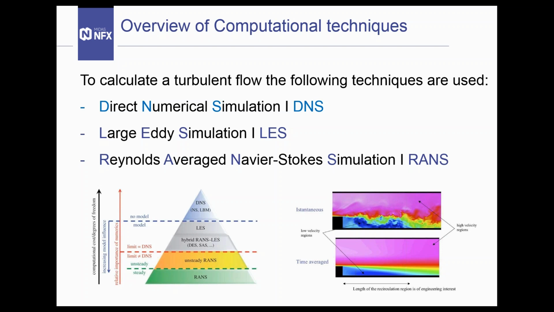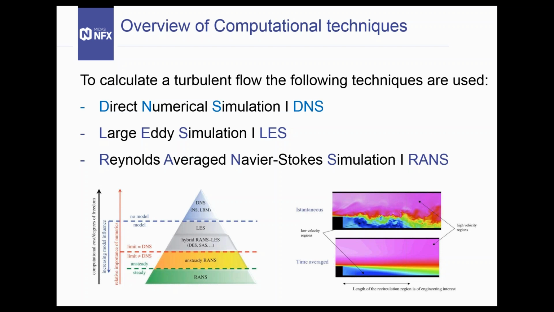Just to tell you a short story related to these methods: a test was made a couple of years ago, and two of those approaches, RANS and DNS, were compared.